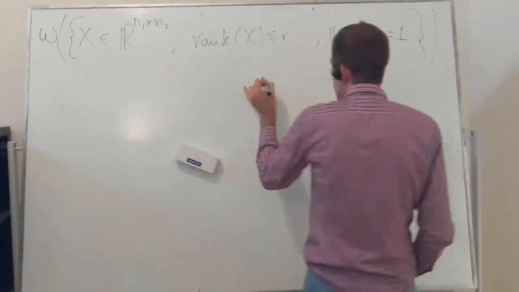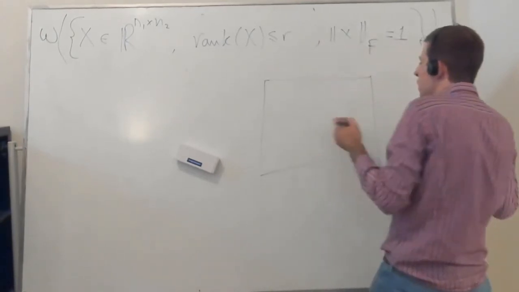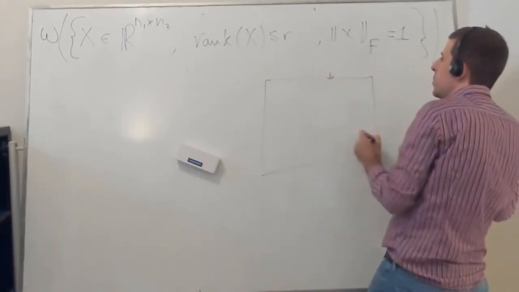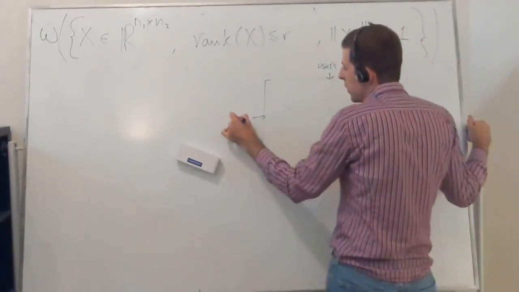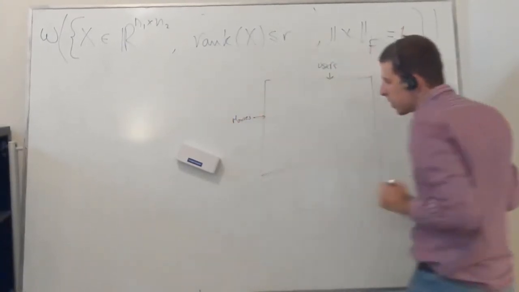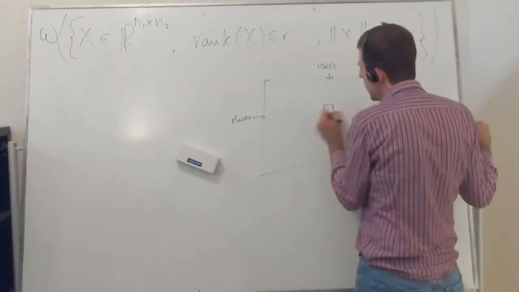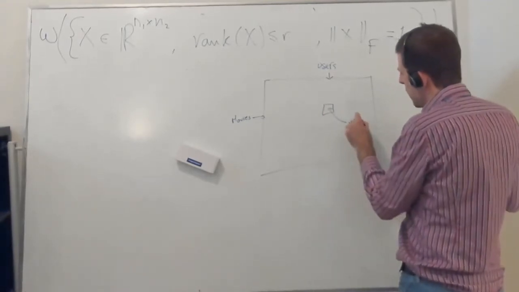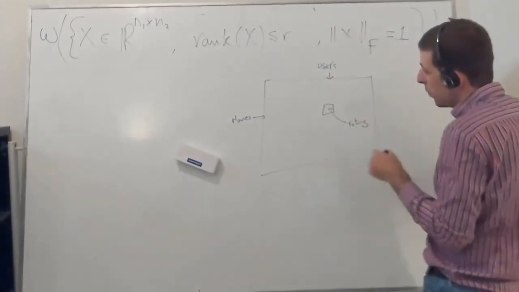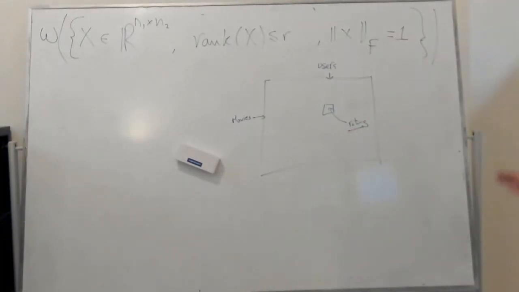The idea is, let's say you have some kind of online service like Netflix, and you want to understand the following matrix, where here you have users and here you have movies. In the entry corresponding to a movie and a user, you put the rating that the user gave or will give the movie, of course, after they watch it.